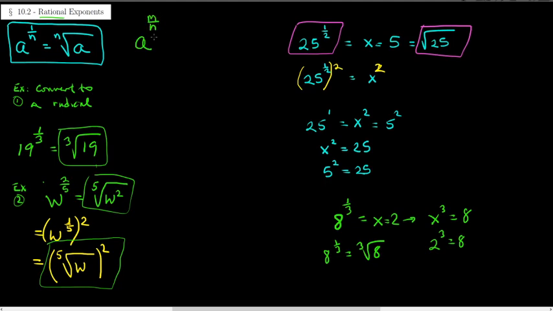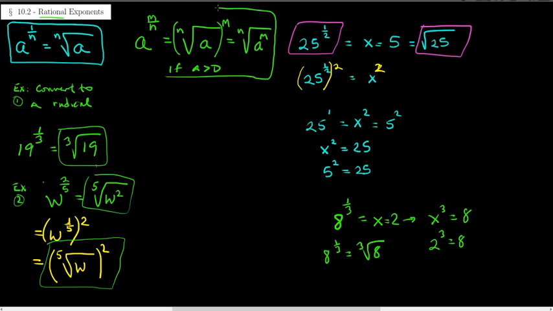So m is the numerator, n is the denominator. We can write this as the nth root of a, and then take that whole thing to the power m. And this is also going to be the nth root of a to the m, as long as this is a real number, right? And so, in other words, if a is positive, then this is always true. Right? So in other words, it doesn't matter whether the exponent is underneath the radical here or if it's outside the radical here.